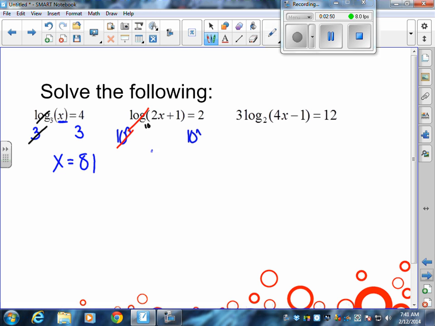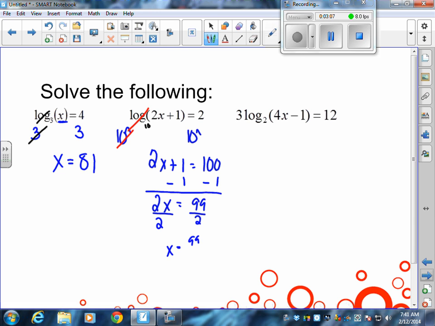And that's just going to give me 2x plus 1. And then 10 to the second would be 100. Now it's a linear equation, and I can solve that by subtracting 1. 2x would be 99, divided by 2. And I'm fine with you just leaving it as 99 halves.